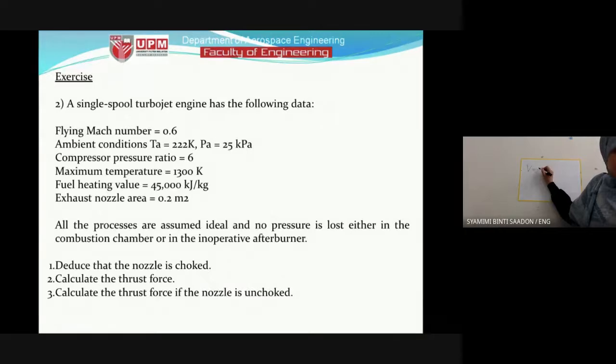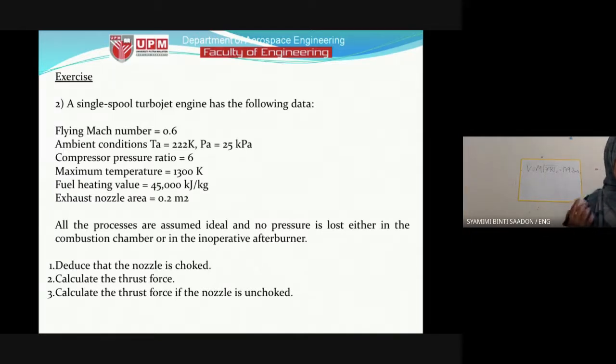So we use the Mach number given, Mach number times square root of gamma R T ambient. So we have 179 or 180 meters per second, the flight speed or cruising speed or airspeed, V. This time we calculate the V by using the Mach number.